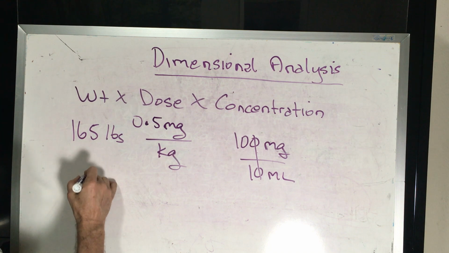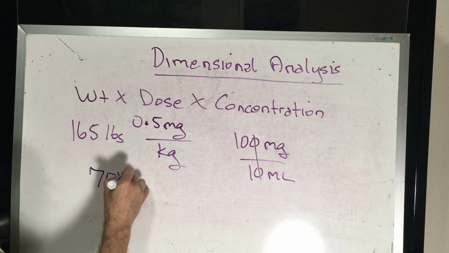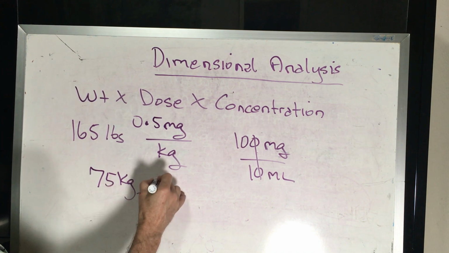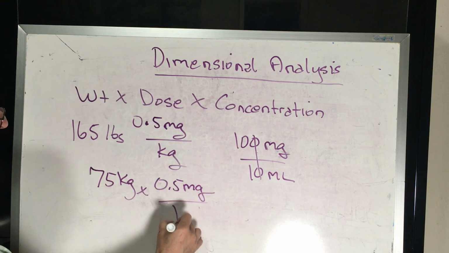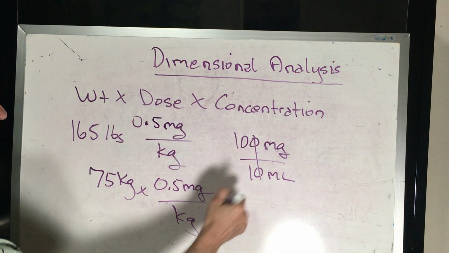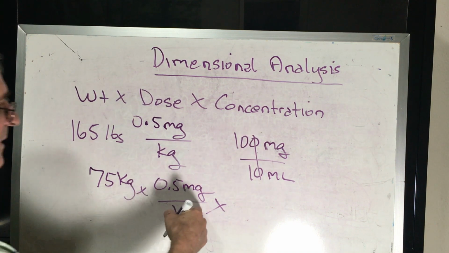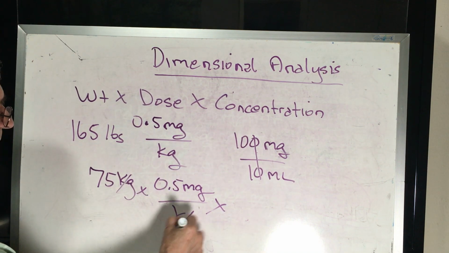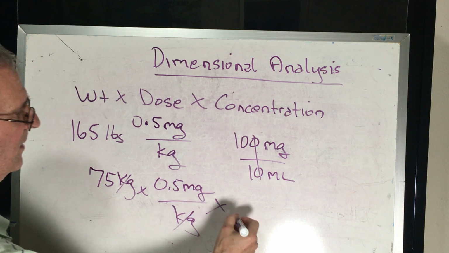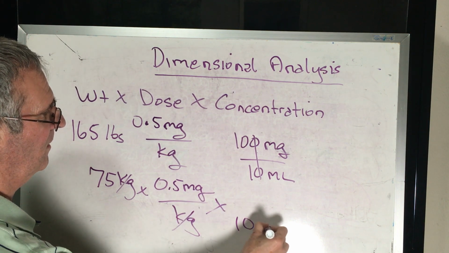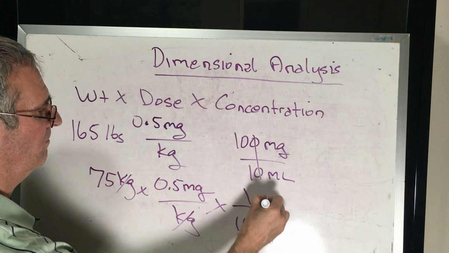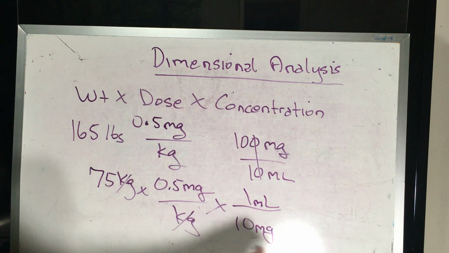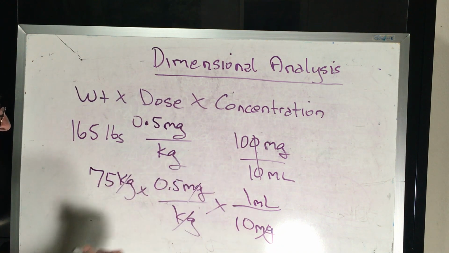So I have 75 kilograms times 0.5 milligrams per kilogram times our concentration. Again, I've already gotten rid of my kilograms. Now I need to get rid of milligrams. So that's 10 milligrams per 1 milliliter. Okay? Milligrams goes away because I have one on top, one on bottom.